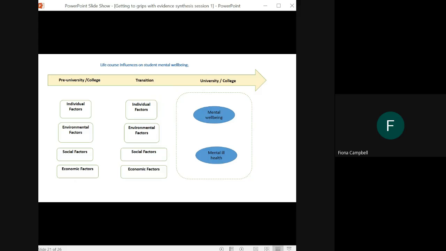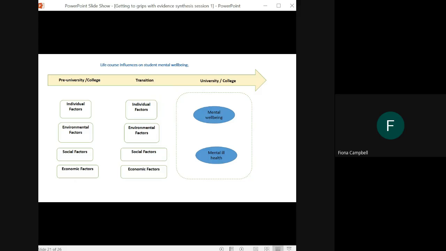And we created a framework that we used to identify factors that were pre-university factors, so things that might be relevant before a young person transitions to university, things that happen at the transition stage, things that happen at university. So we broke it down to look at those stages, and we used this visual very much with our stakeholders and asked them to input into it and to identify what they thought might be missing.